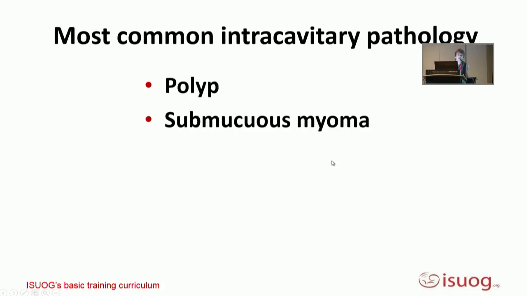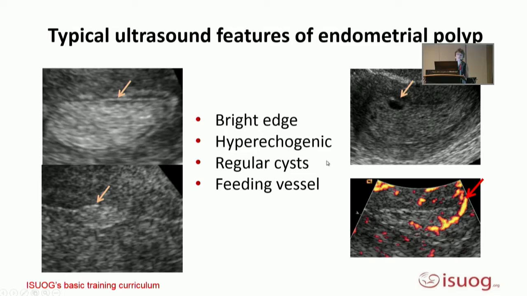The most common intracavitary pathology is polyps and submucous myomas. There are 4 typical ultrasound features of an endometrial polyp: bright edge, hyperechogenic endometrium, regular cysts, and a feeding vessel. The bright edge is white lines that surround either the whole lesion or parts of the lesion.